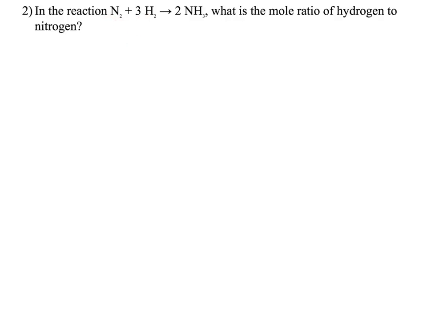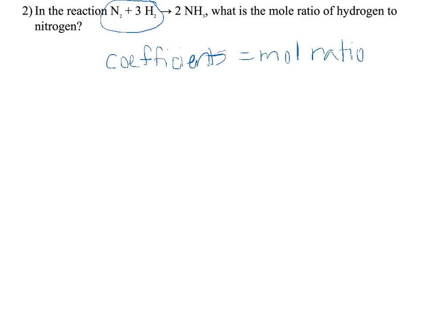Mole ratio means coefficients. So what we're really concerned about, as far as this goes, is our numbers in front. Okay, so this is actually very easy. Remember, coefficients give us mole ratios. So there's no number in front of the nitrogen, which means that it has a coefficient of 1.